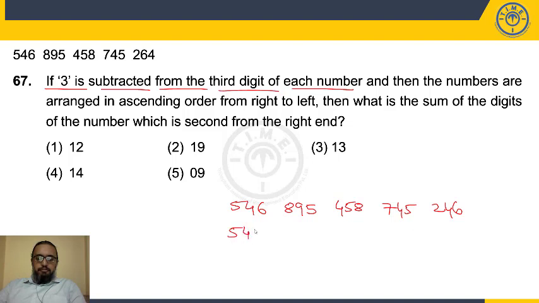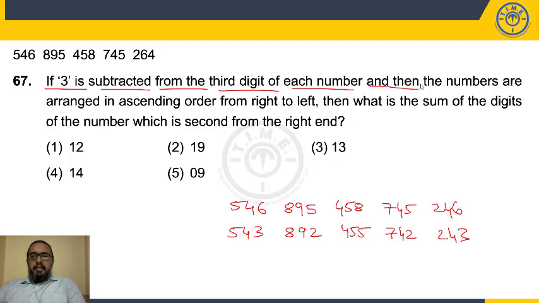So you'll get 543, 892, 455, 742 and 244. Oh sorry, 243. If 3 is subtracted, no? So it is 243. And then the numbers are arranged in the ascending order from right to left.